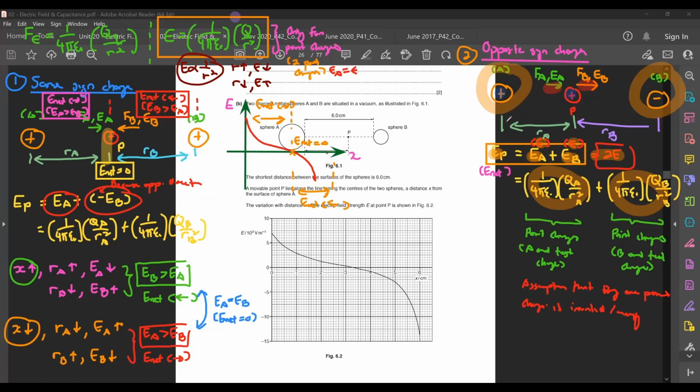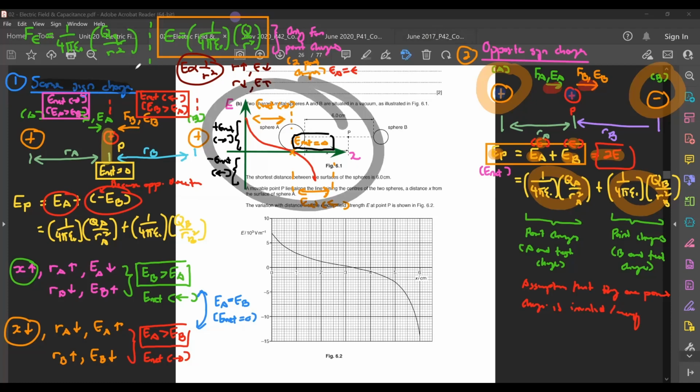Okay. Another way people can look at it is this way. This is positive ENet. This one is towards the right. This one is negative ENet. You're going towards the left. You have opposite signs. Okay. And then this part here is ENet equals to 0. So if you're talking about a charge with same sign, this is the graph you expect to see.